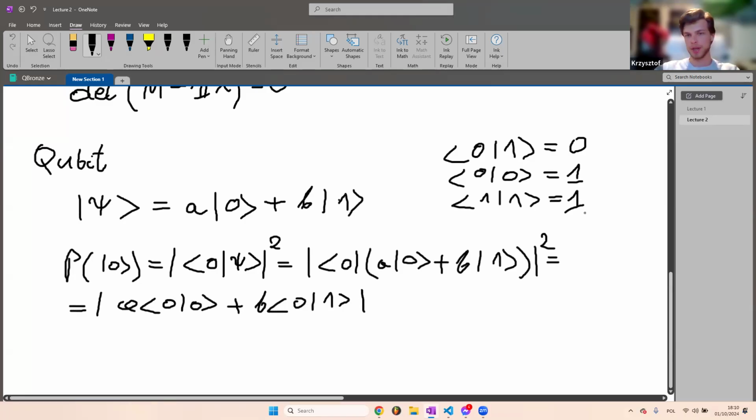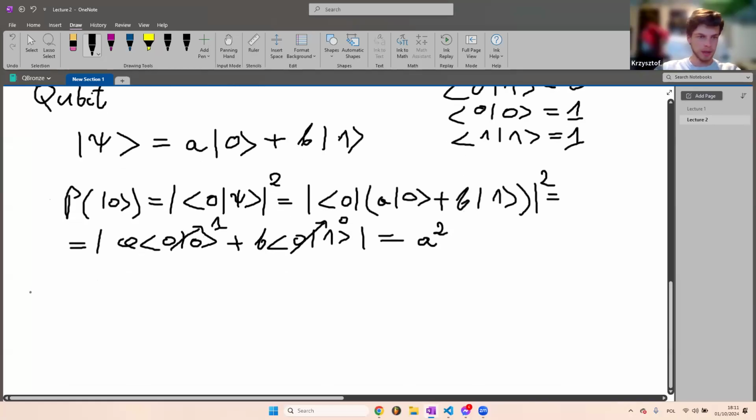And from the orthonormality, we know that this should be equal to 1, and this should be equal to 0. So therefore, our result is A squared. By analogy, we can also show that the probability of measuring state 1 is also given using the bracket notation.